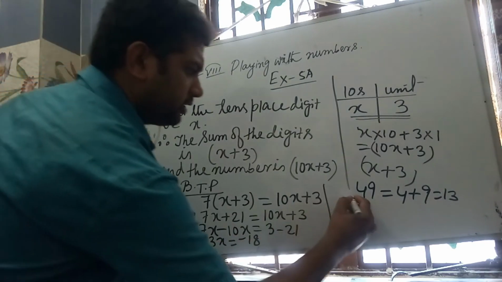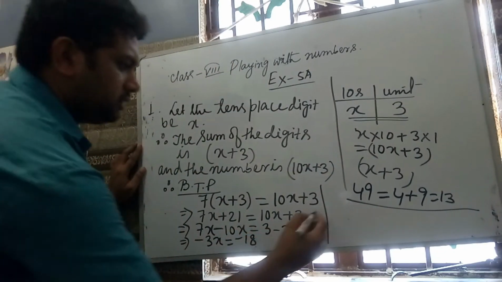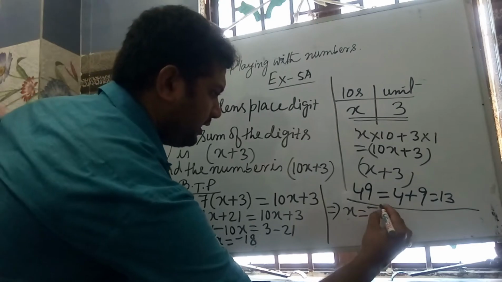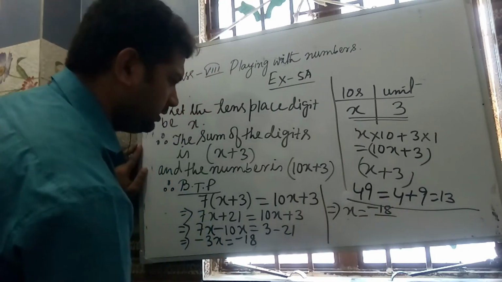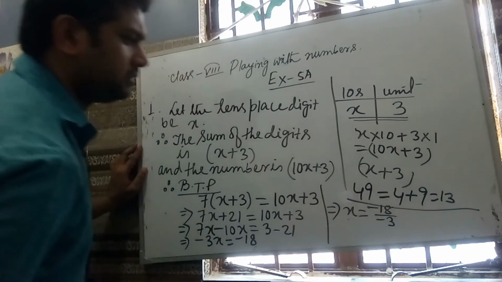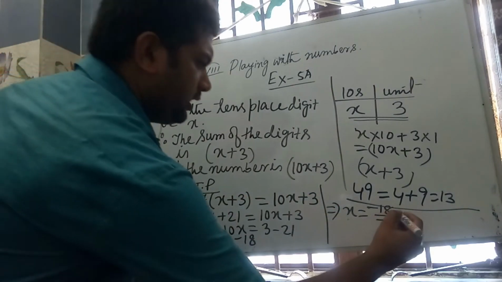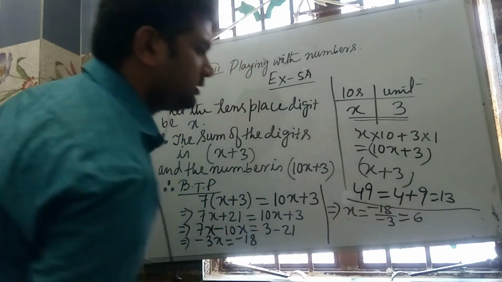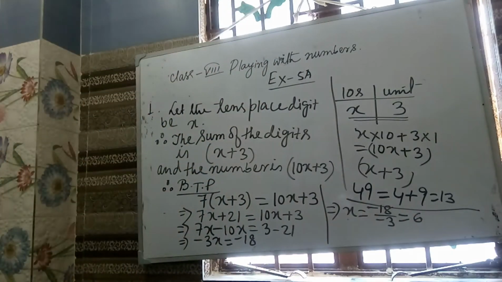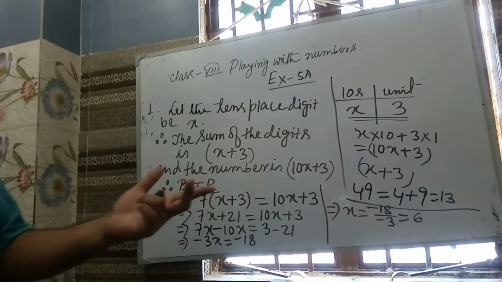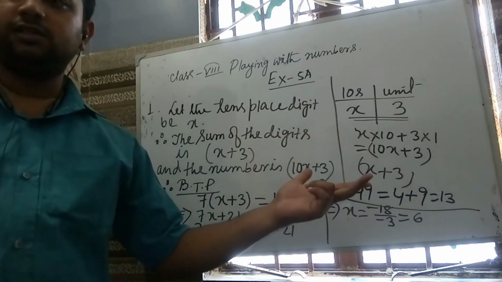Next step we are doing here. That implies x will be minus 18 by minus 3. Minus 18 by minus 3, calculate, it is 6. Okay. So you got the value 6. Therefore, what will be the number? 63.